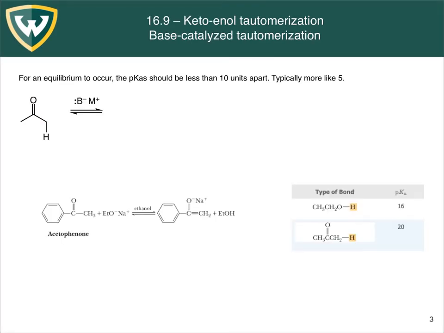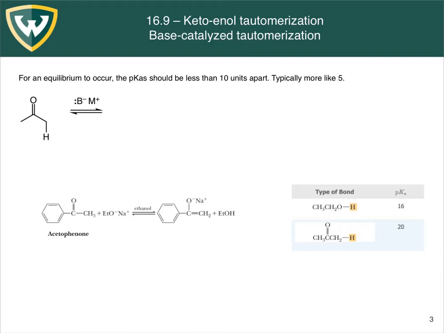So when we start talking about equilibria between the ketone and the enol form, we need to think about what the pKa values for these carbonyl compounds and the conjugate acid of the base are.